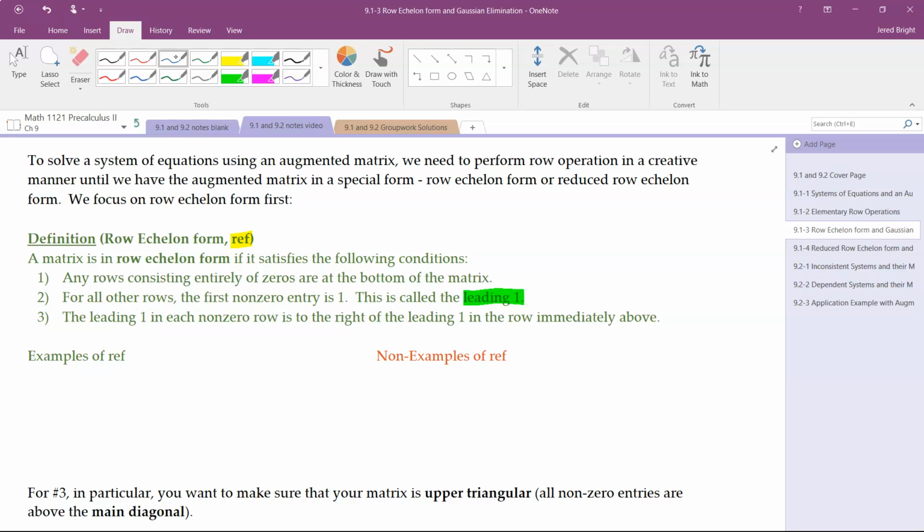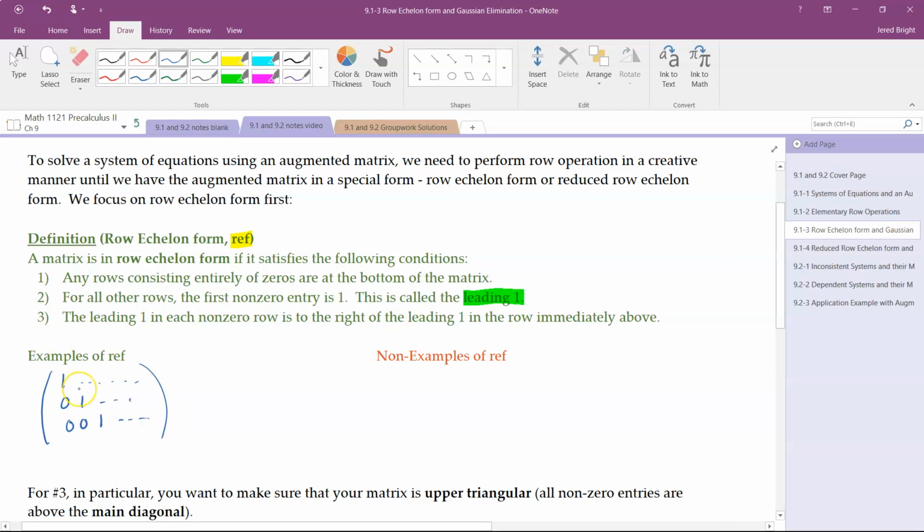So if we think about what it would look like, we would have maybe a 1 here, and then we'd have some numbers, and then the next row would have to have the leading one down and to the right. And then some numbers, 0, 0, 1, that sort of thing.